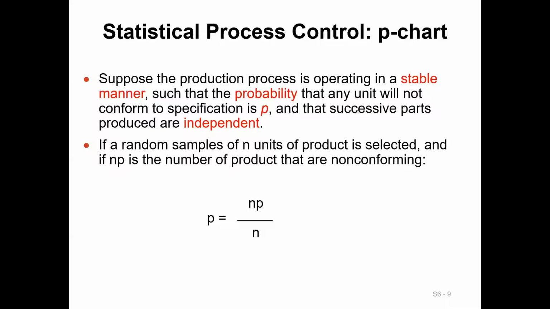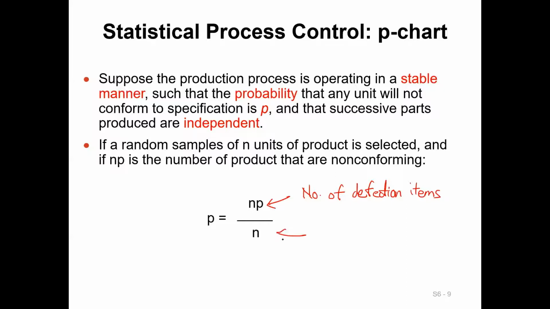So P equals NP divided by N. You should know what NP is. NP is the number of defective items, correct? We discussed this last week in the topic of NP charts.